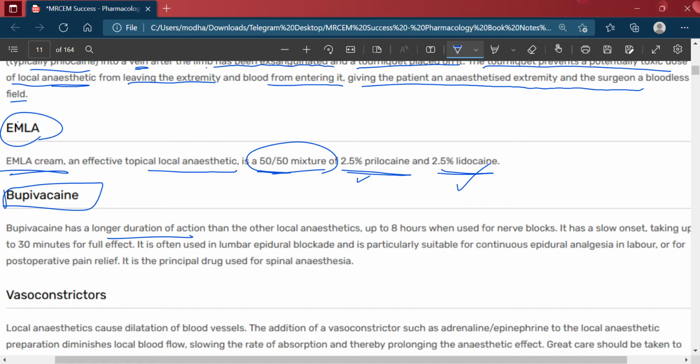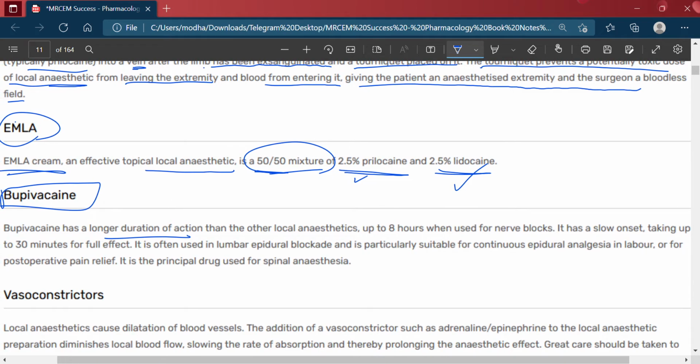It has a slow onset, taking up to 30 minutes for full effect.